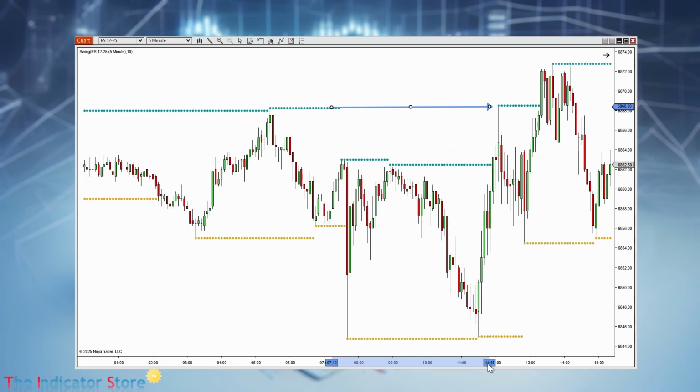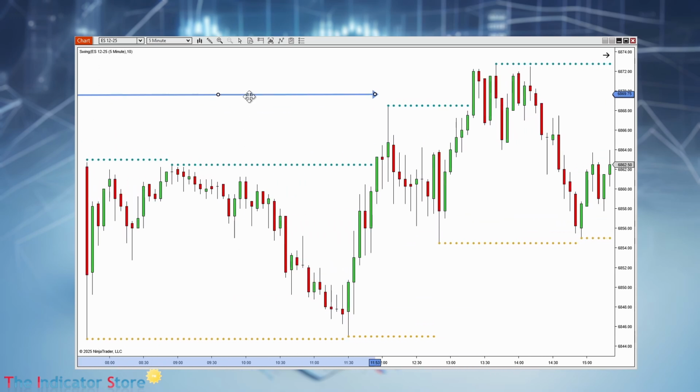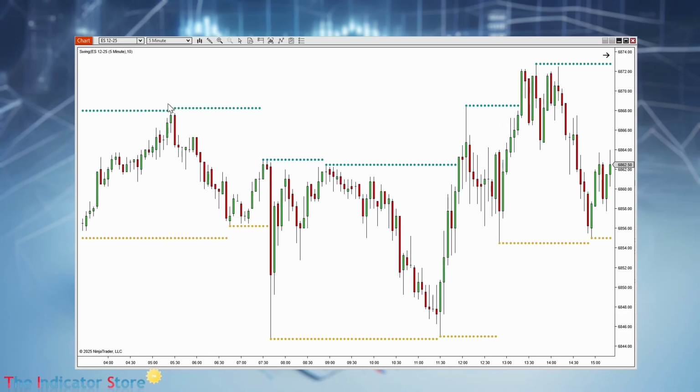Because if I am here, I have no idea that there was a pivot, because this indicator, the swing, is only painting one high pivot and one low pivot. So this high pivot is replaced by the new one. So we can use a manual tool or a drawing tool to fix that.